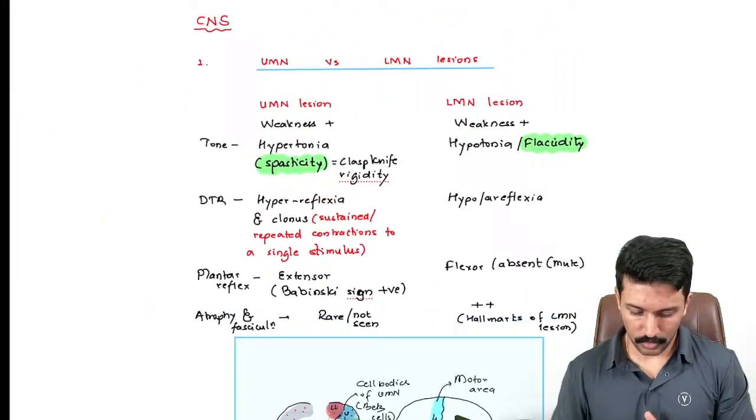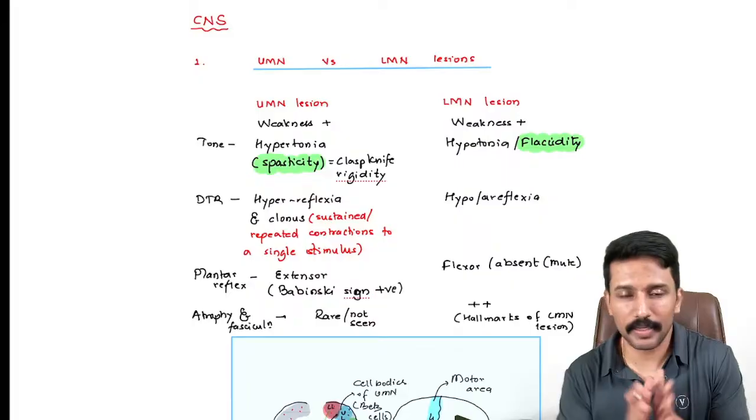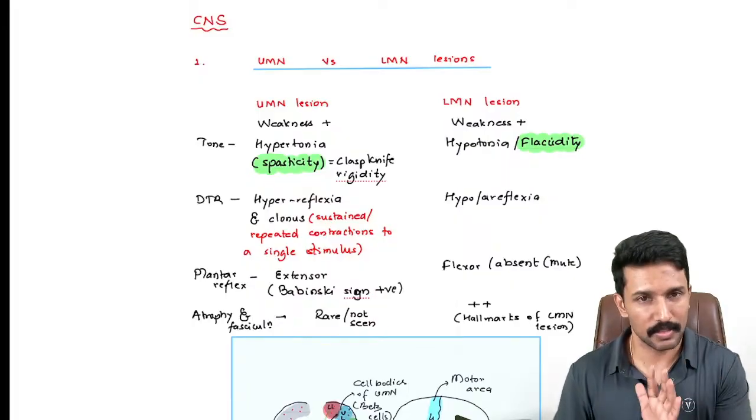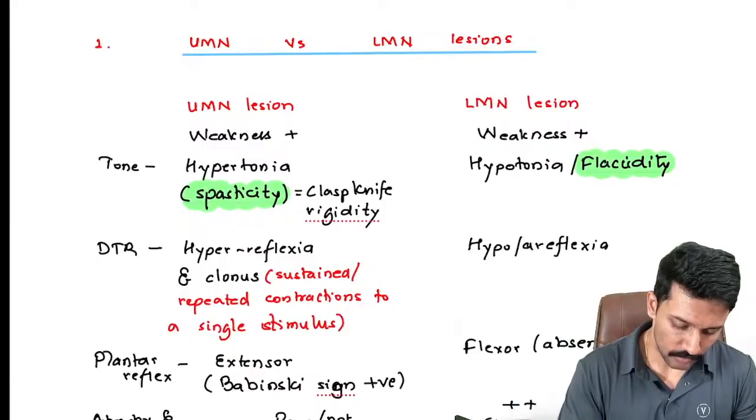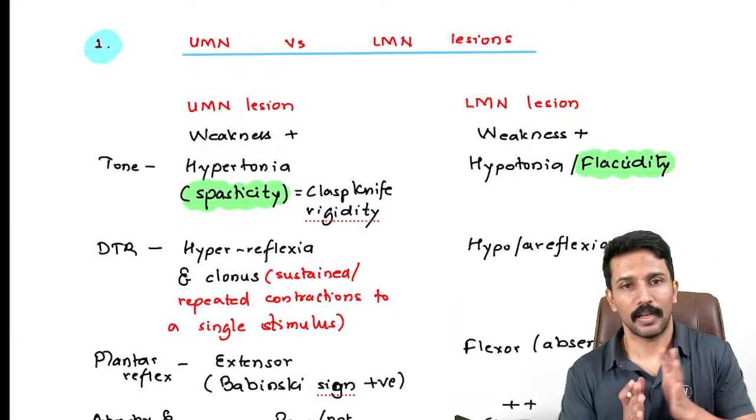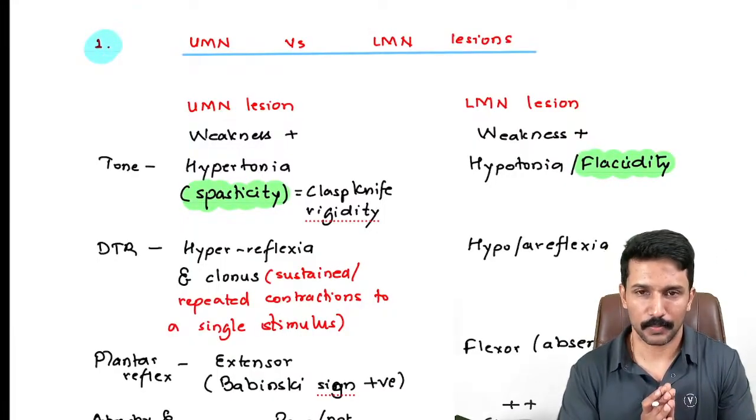Okay, clear? So now this is a table that I definitely want you to remember. One question is expected from this for sure. So that's the first topic of importance for us. LMN versus UMN lesion. Okay.